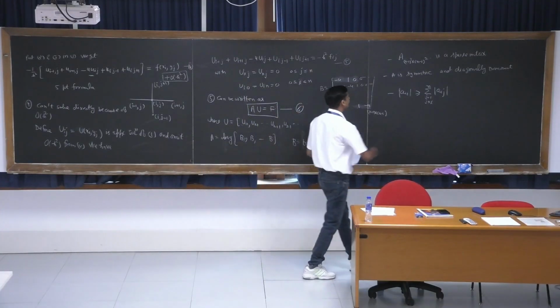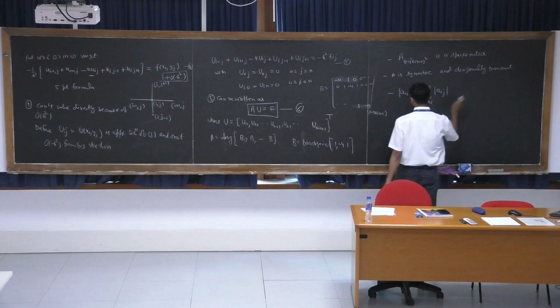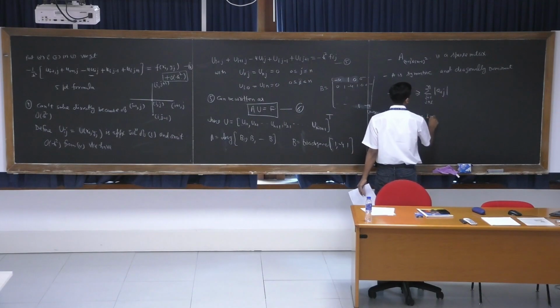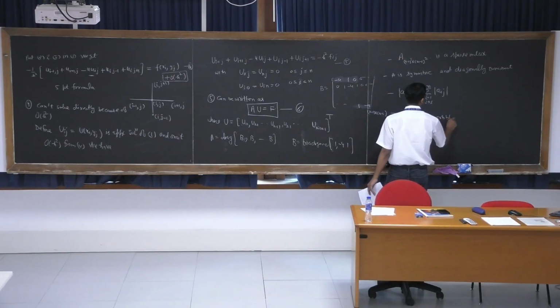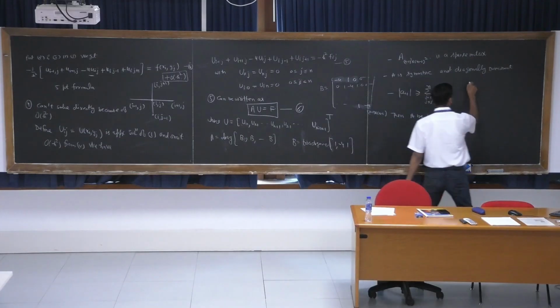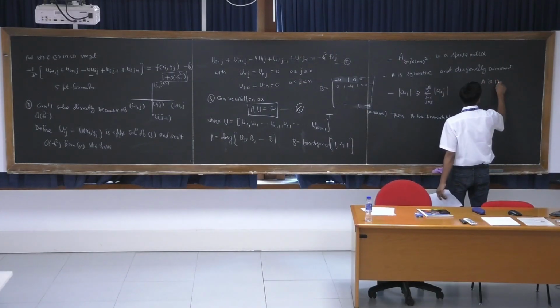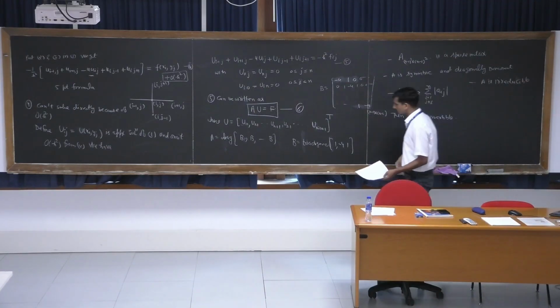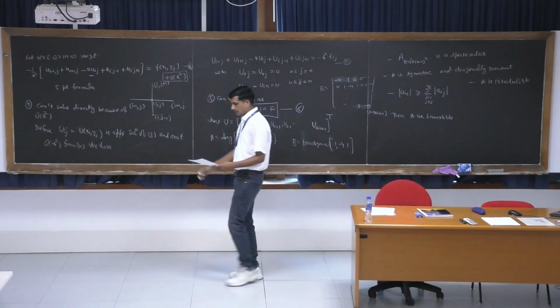Our A matrix is symmetric and diagonally dominant, and one more property A has here: A is irreducible. A is irreducible, symmetric, and diagonally dominant.